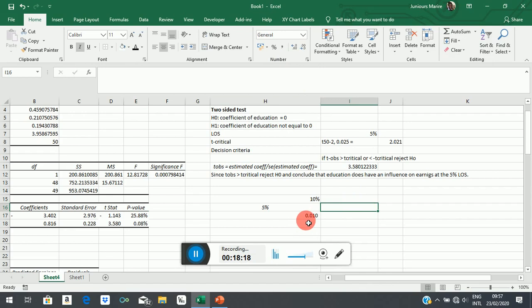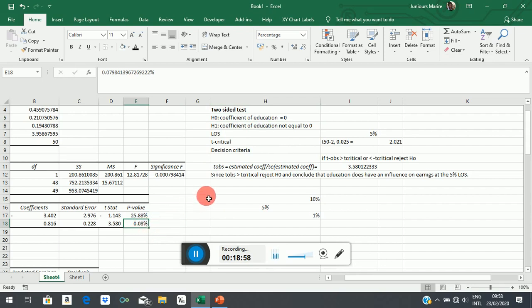So we are much happier if the p-value we get here is smaller than 5%, or even much better if it is smaller than 1%. Generally we work with 5%. So this p-value here is much smaller than 1%. So the smaller it is, that is the closer the p-value is to 0%, the stronger the evidence against the null hypothesis. So here it is very small.